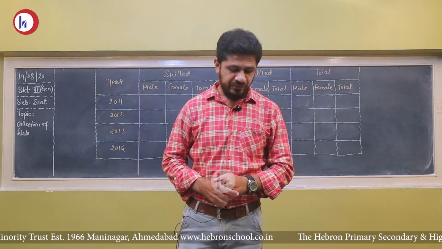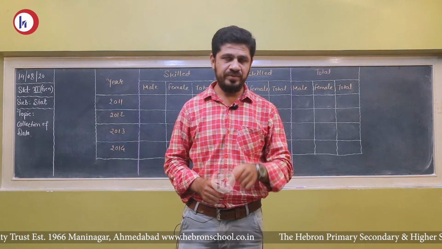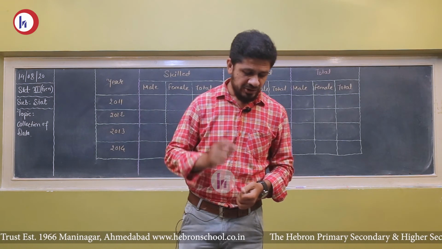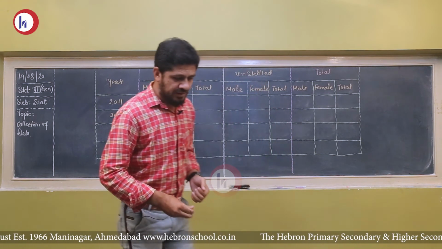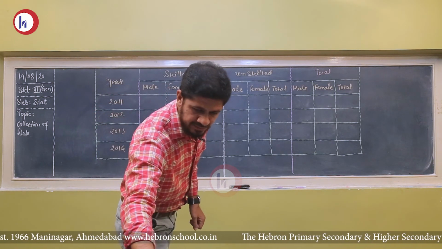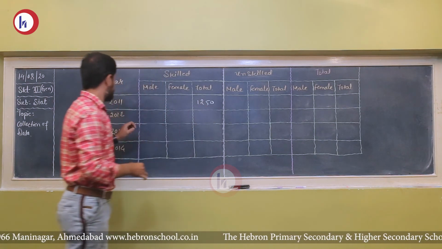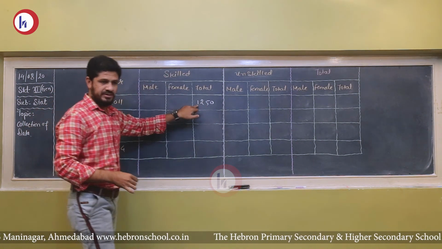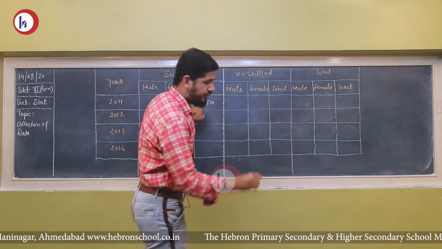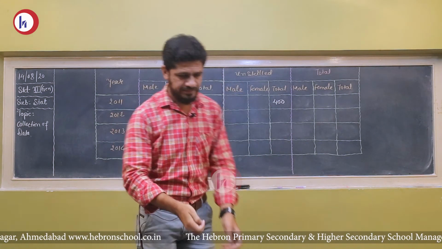It is not mentioned whether they are male or female, so we will record it in a total column. So 1250 are skilled and 400 were unskilled in 2011.